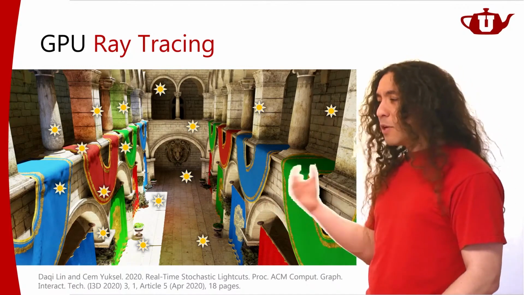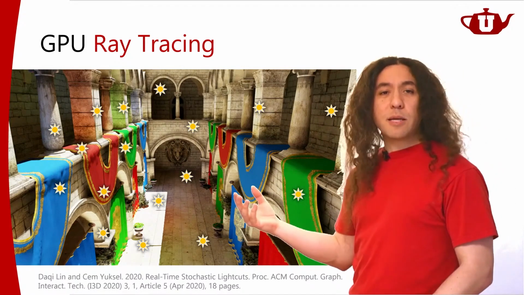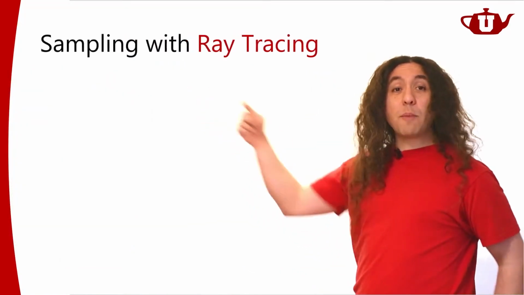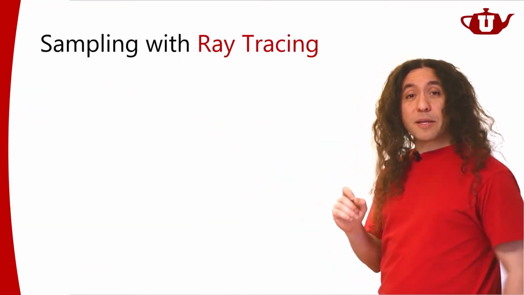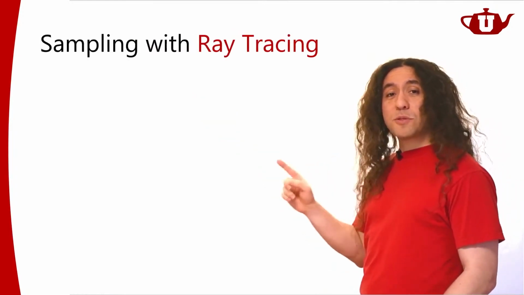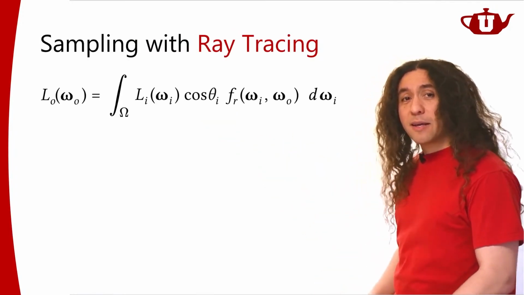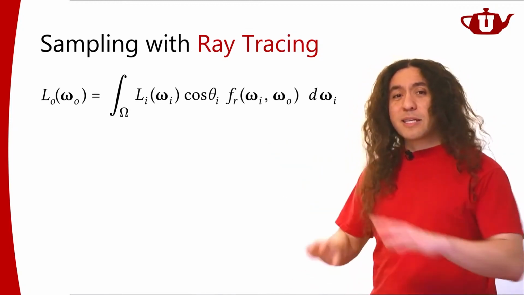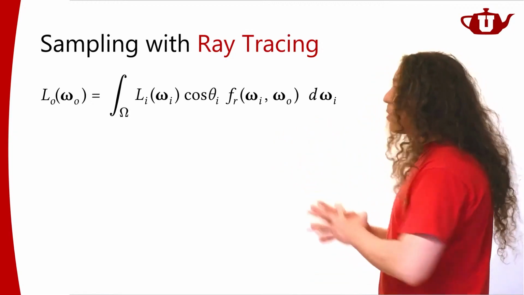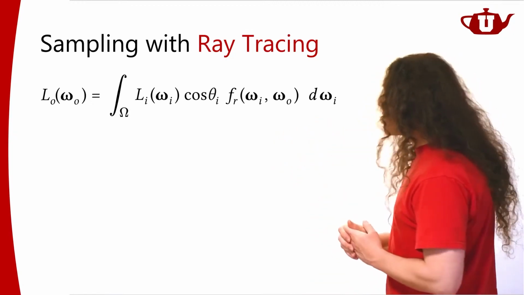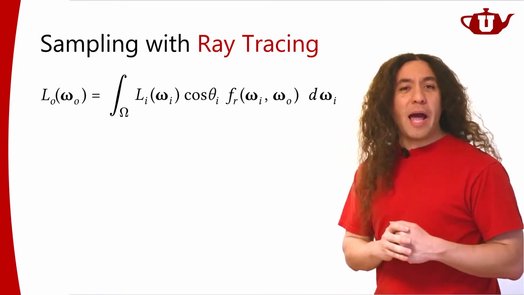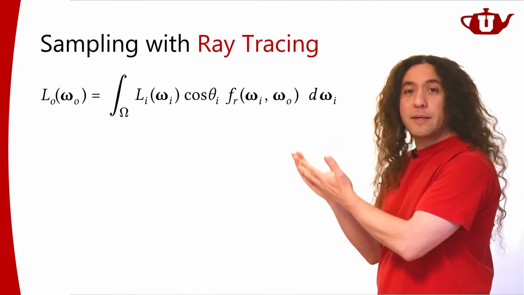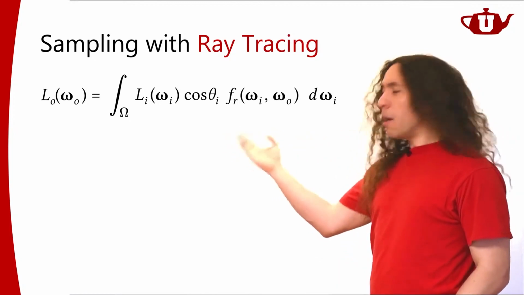But ray tracing is a very general concept that we use in rendering, and what we use it for is sampling. We oftentimes use it for estimating this rendering equation. You look at this equation as an integral, and it's not immediately obvious how ray tracing could help you with something like this. And it helps you with sampling.